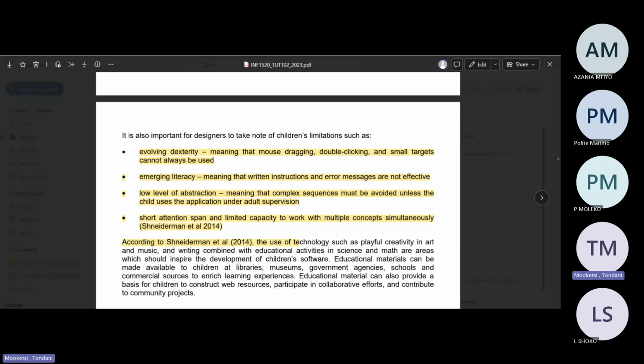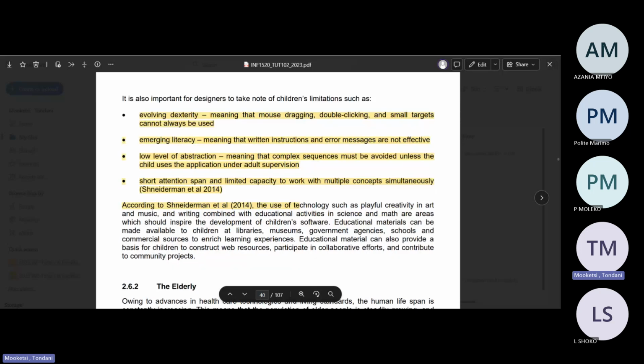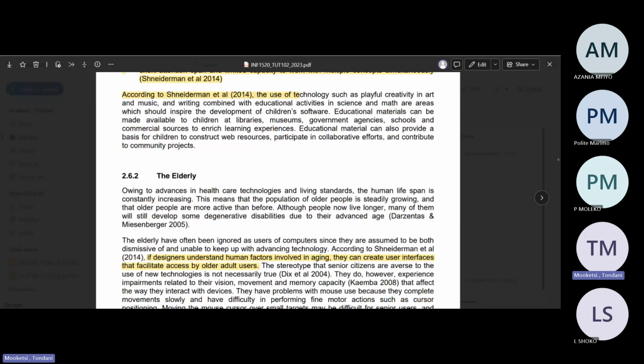So it's better to use pictures for interfaces that are meant for children. Low level of abstraction, meaning that complex sequences must be avoided unless the child is using the application under adult supervision, and short attention span. So those are some of the important things you need to focus on.